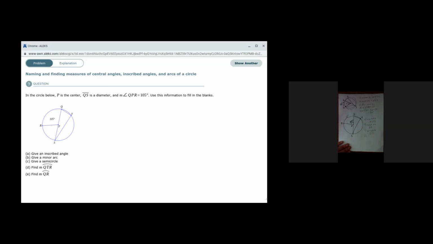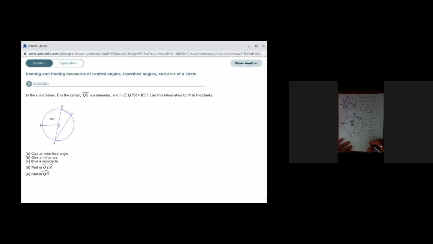You'd like to know the measure of QTR, would you? Q to T to R, that's a big one. That's a major arc right there. So we know the measure of arc QTR is the whole circle minus the minor arc that we know, which is 105.